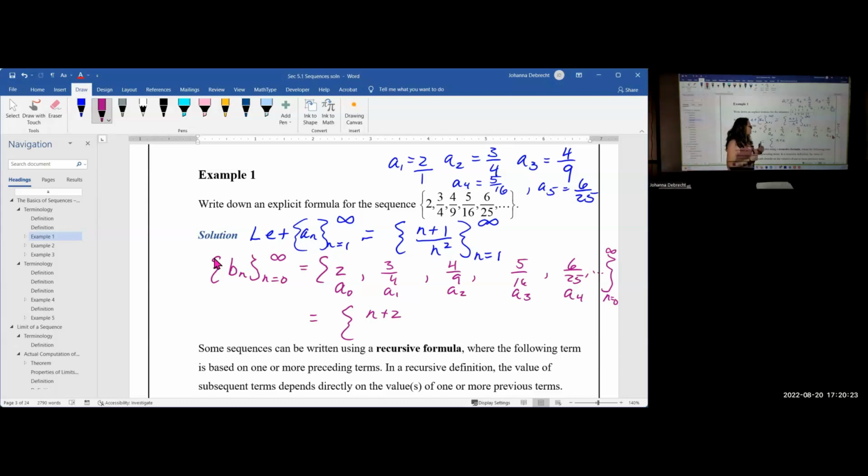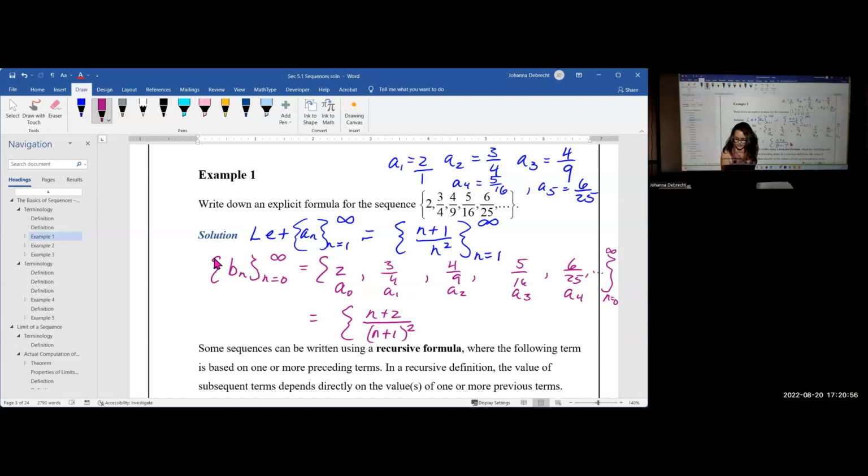How about the value in the denominator? If this is a sub 1, that's not related directly to the 1, but it is related to 2, which is 1 bigger than 1. So if I take the subscript and add 1 to it and then square it, I should be able to come up with this sequence of numbers in the denominator. In other words, I have to add 1 to the subscript and then square it to get the same numbers in the denominator.